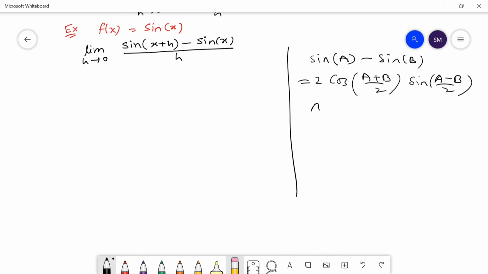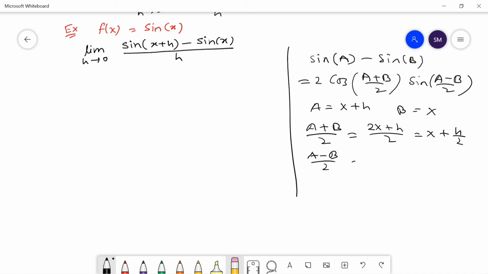In this case a is equal to x plus h and b is equal to x. So therefore a plus b over 2 is equal to 2x plus h over 2, and a minus b over 2 is equal to h over 2.